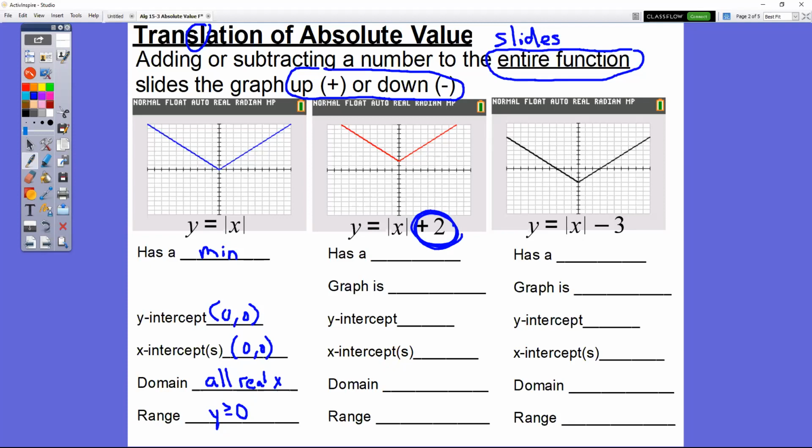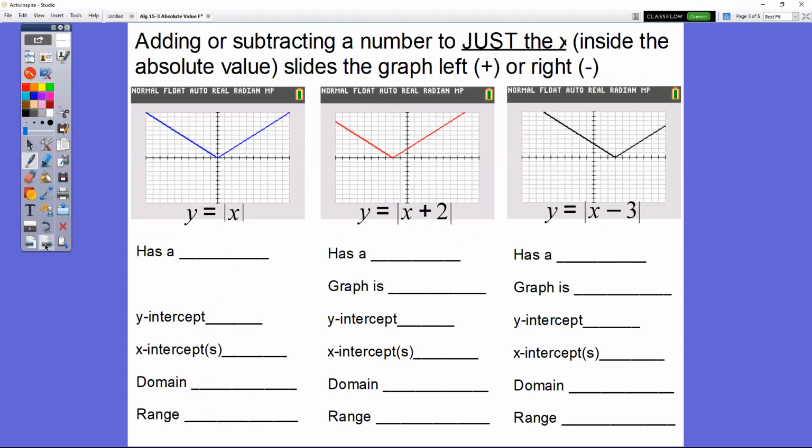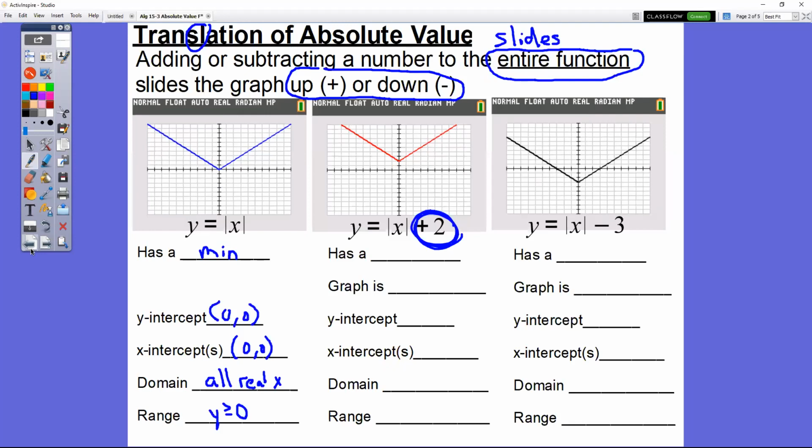That's different than the next one, where we're going to add 2 just to the x. Notice that this plus 2 is inside the absolute value. It's being added just to the x, where this one is being added to the entire function. If we're adding, we're going to go up.